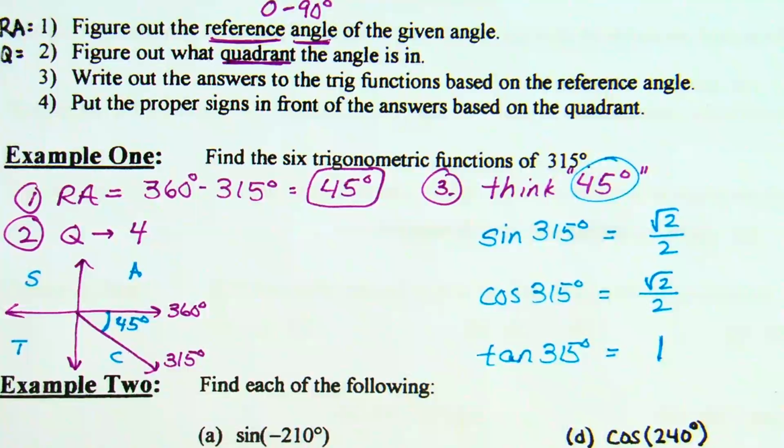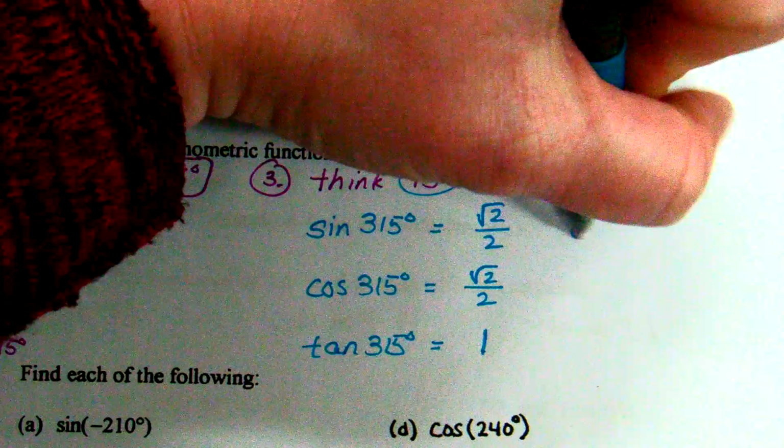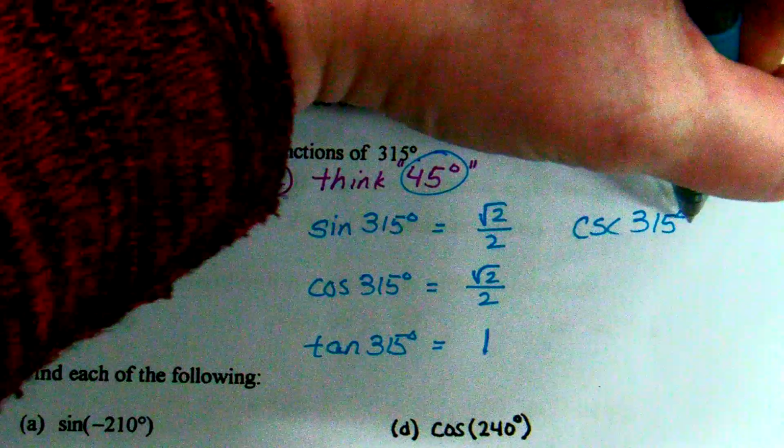Once you have the first 3, what do you know about the next 3? Reciprocals. The reciprocal function of sine is cosecant. So cosecant is square root of 2, right? So here, if I use the idea that sine was 1 over square root of 2, the reciprocal is square root of 2.